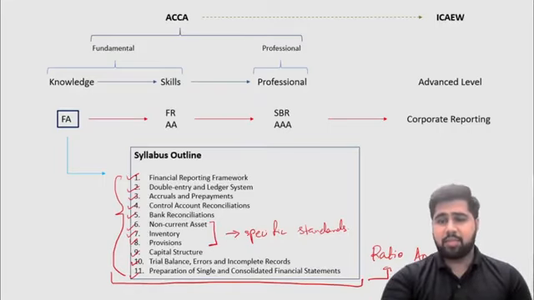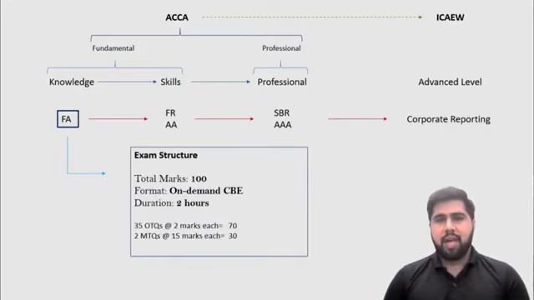If you look at the exam structure, you have the total marks that you will get within the exam, 100. The format is on-demand CBE, which is a computer-based examination. On-demand means that it does not have a specific attempt, such as for other papers from F5 to F9, which is your PM to FM.